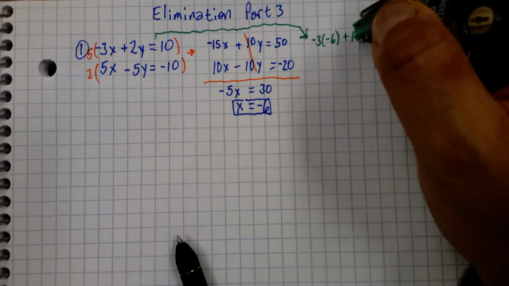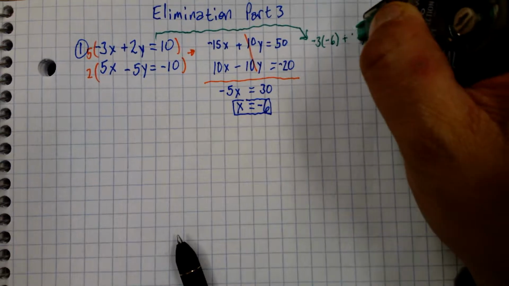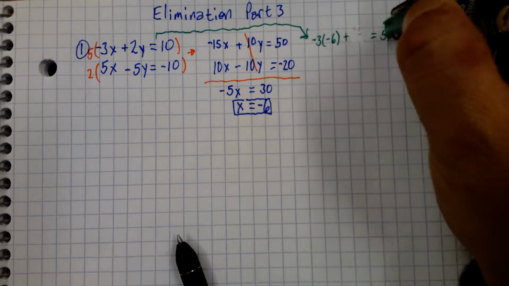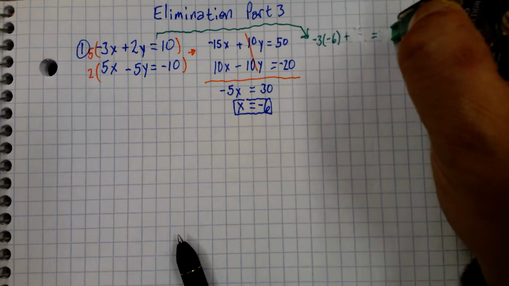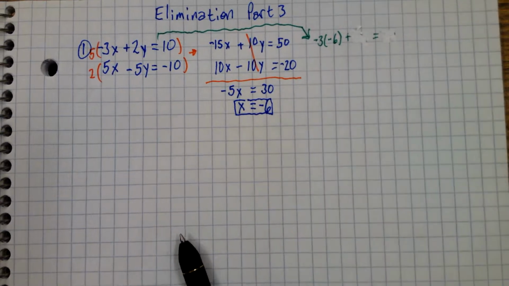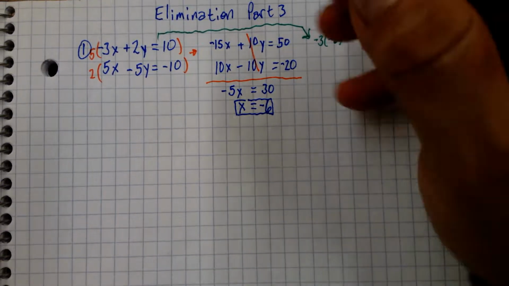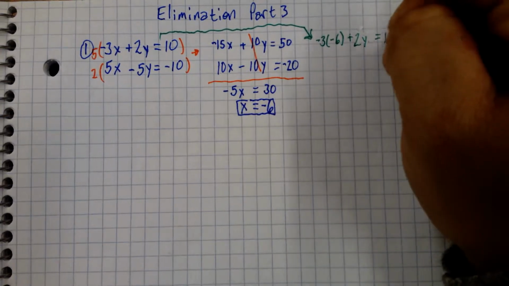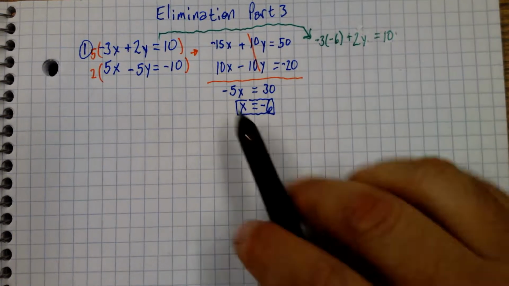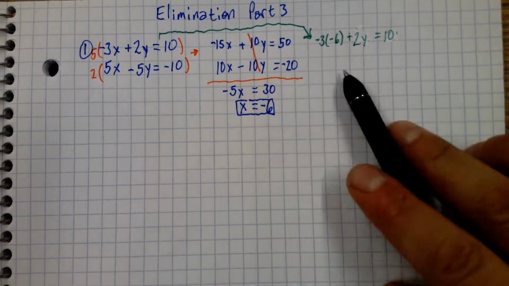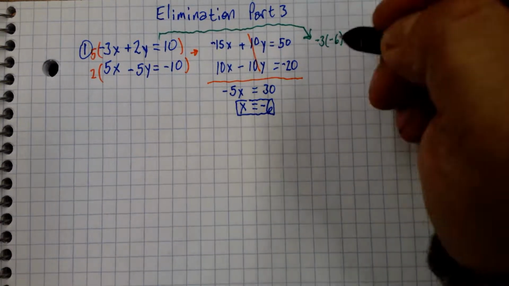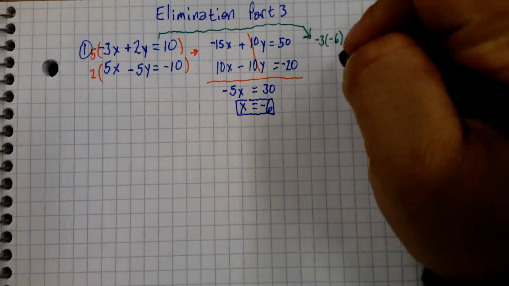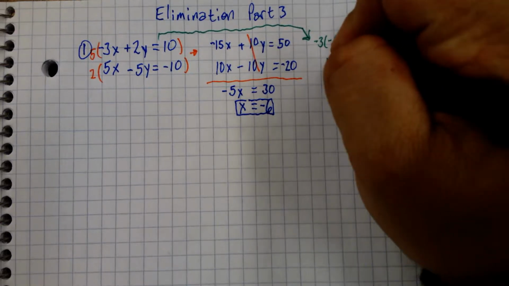Sorry. All right, let's try that again. 2 times y equals 10. That's better. Okay, so what's that going to be, guys? 18?